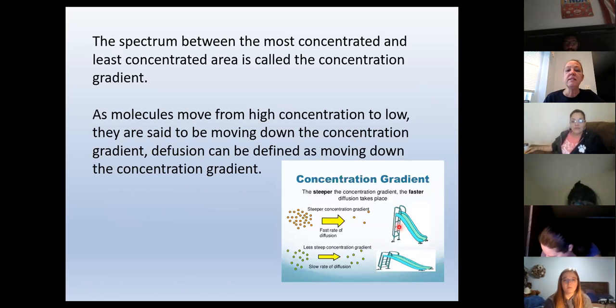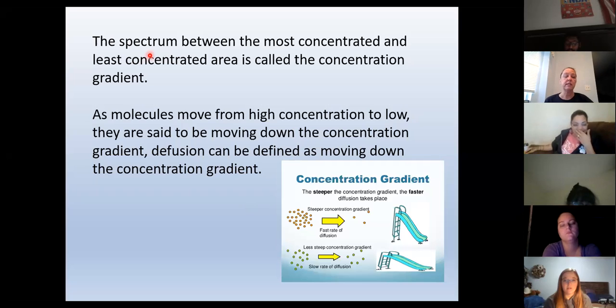So the big thing is this concentration gradient. When I talk about a spectrum, all I'm referring to is what's the difference. I have high concentration and low concentration. What's the difference between the two? That's going to determine how fast stuff moves.